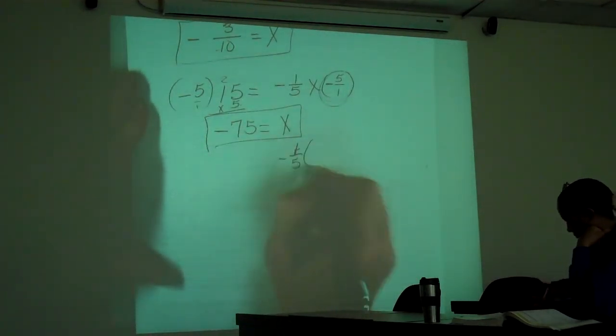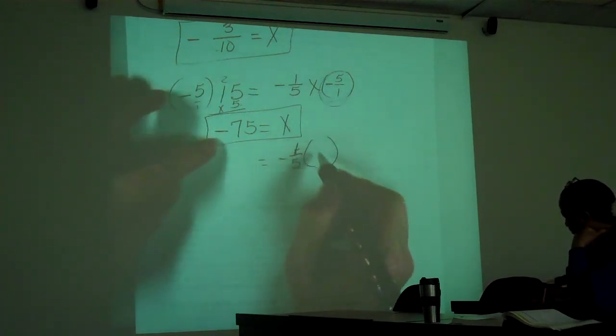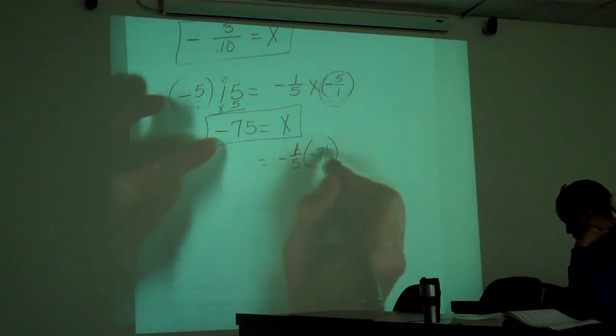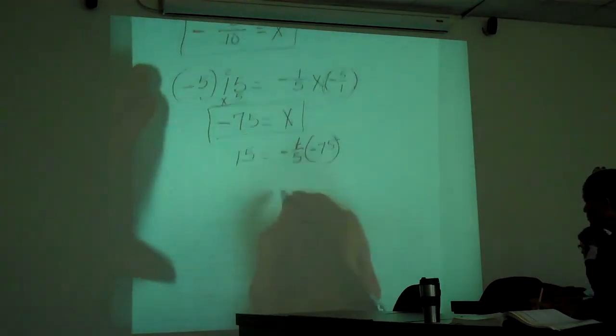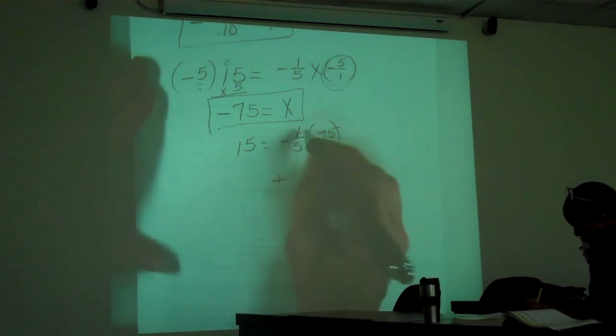Let's check it: negative 1/5 times negative 75 should come out to 15. If we put negative 75 where the x is, negative times negative is positive. We'll have 75 over 5.